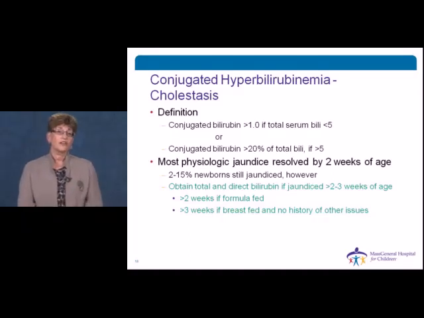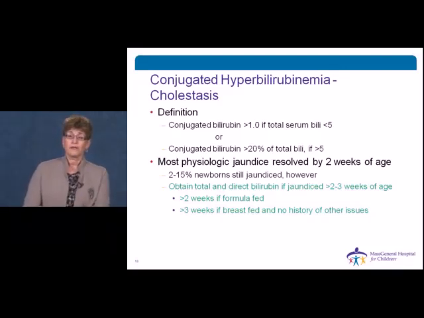So we're going to switch gears and go now from unconjugated hyperbilirubinemia to conjugated hyperbilirubinemia. Conjugated hyperbilirubinemia is felt generally to be caused by at least some component of liver disease. And when we have that, we think of the baby as having cholestasis, so the bile is sort of stuck. What's the definition?